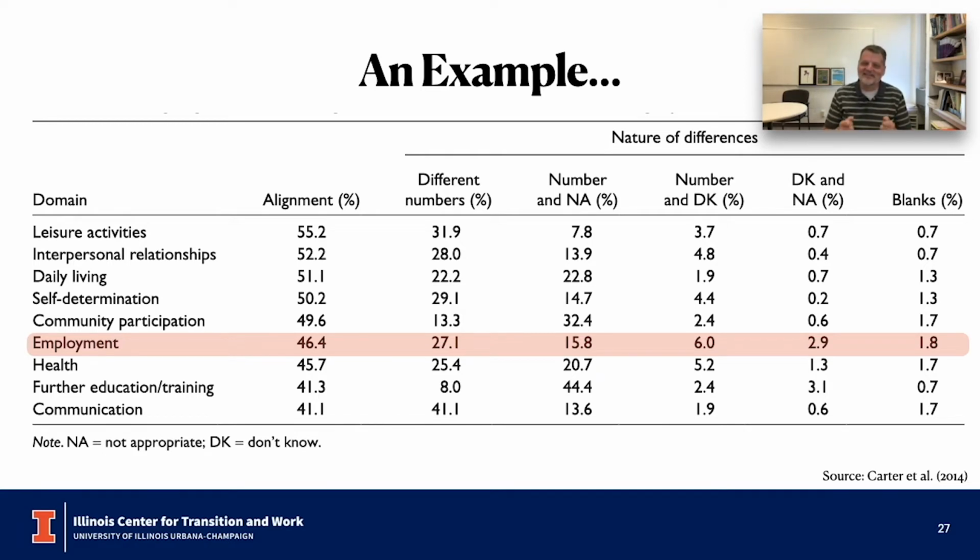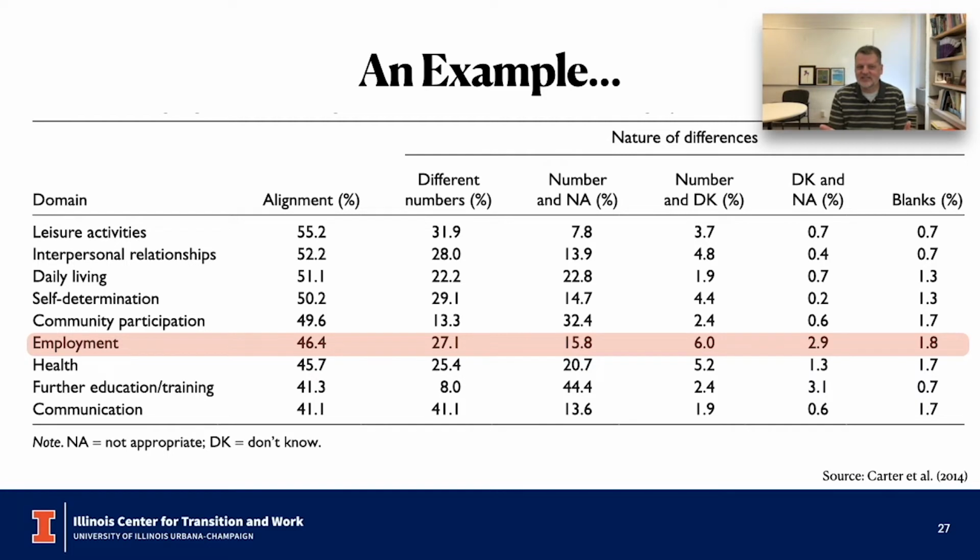Actually, less than half of the time, 46% of the time, items were rated exactly the same way by parents and teachers. 27% of the time, parents and teachers provided different numeric ratings. 16% of the time, one person gave a rating and the other person said the item wasn't applicable. And 6% of the time, one person gave a rating and the other person said they didn't know.